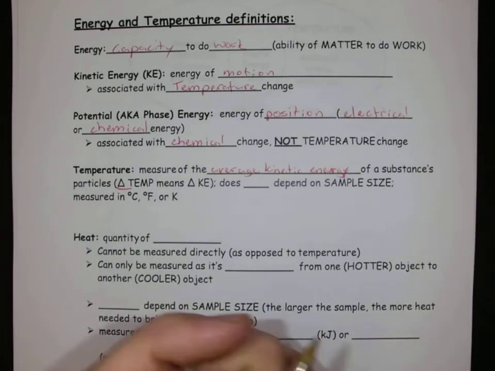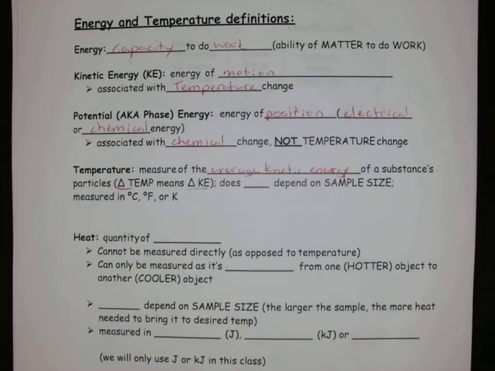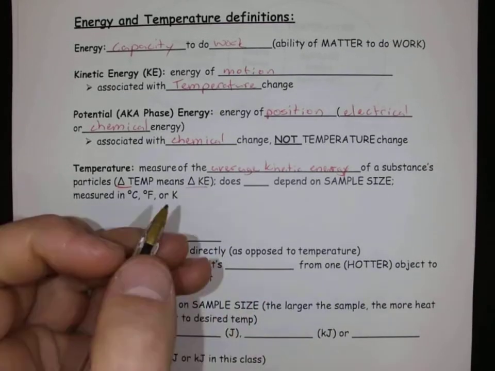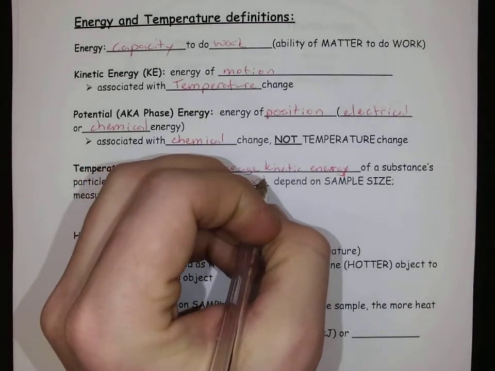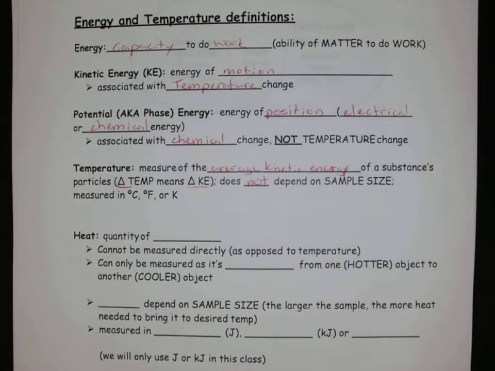The change in temperature means that there is a change in the average kinetic energy, okay? It does not depend on a sample size, okay? So whenever we have particles, right, they have certain motions that are associated with them, which we're going to talk about in a little bit. But those particles maybe aren't moving at exactly the same speed, but the average of them is directly related to the temperature, okay?